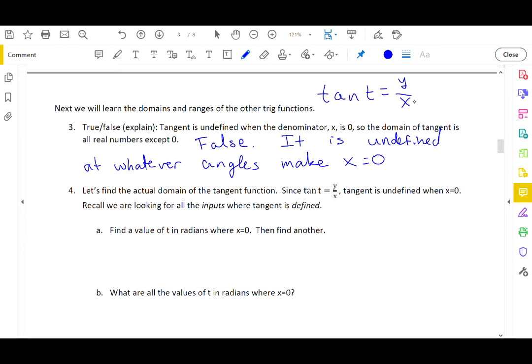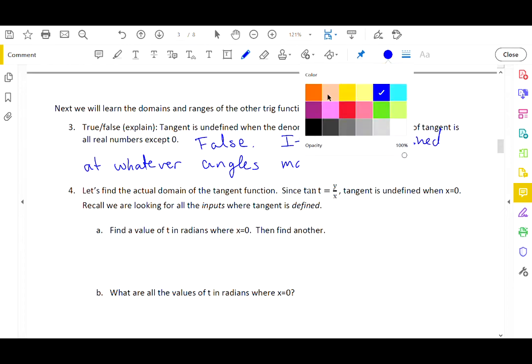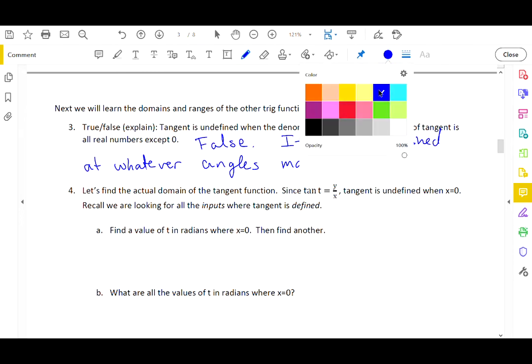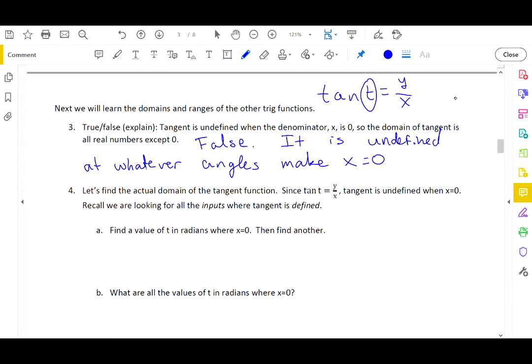But remember that the domain is all of the inputs that make tangent undefined, and x isn't the input. The input is t. So we want to find all the values of t that make tangent undefined, in other words, all the values of t that make that x equal to 0.